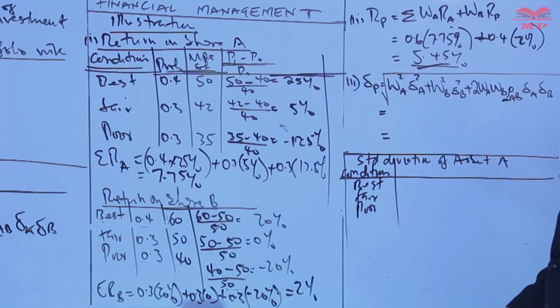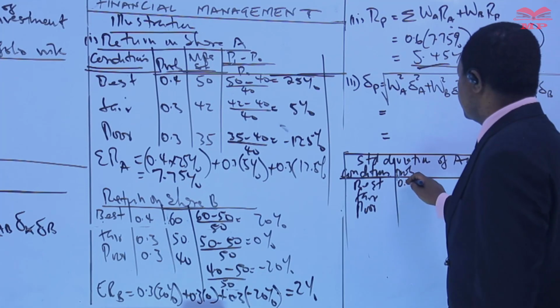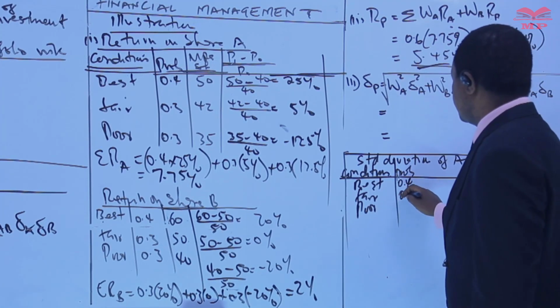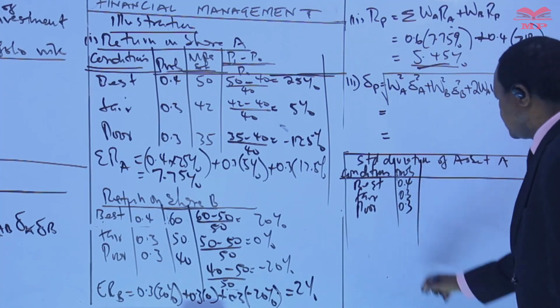We have the probabilities, 0.4, 0.3, 0.3. That's the next column.